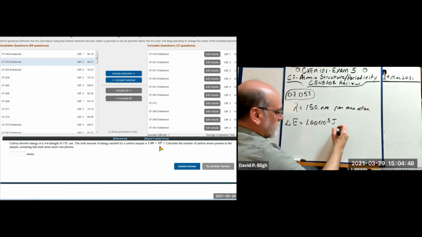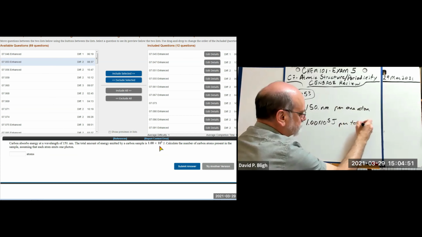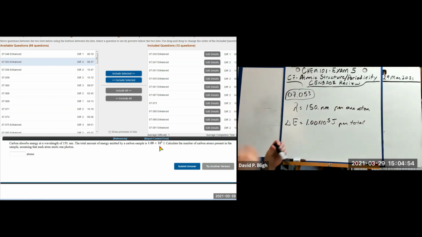But this is the total. This is per total. Okay. So our equivalence for energy is Planck's constant times frequency, or speed of light divided by wavelength. Okay, so this is going to be here, Planck's constant, speed of light, and this will be now wait a minute.